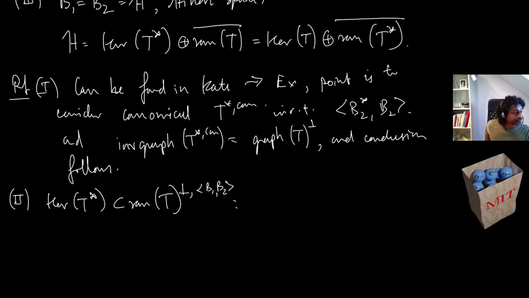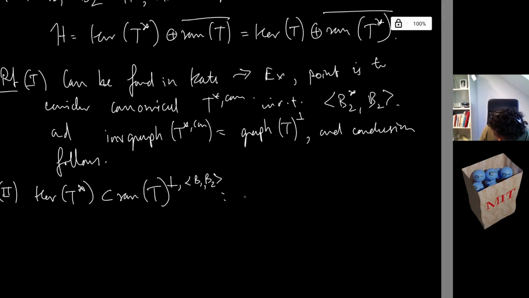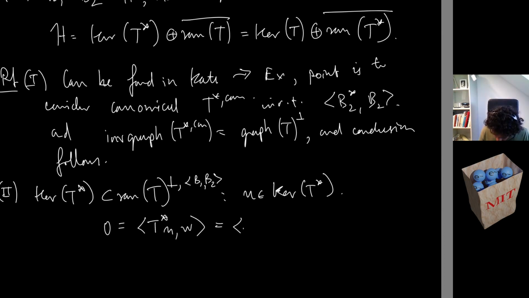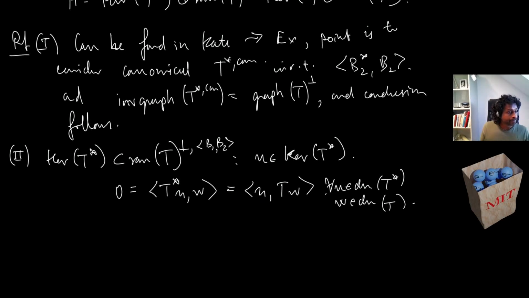Well, if U is in the kernel of T star, then we have 0 equals T star UW, and this is equal to U TW, and this is for all U in DOM T star and all W in DOM T. So that tells us that if we annihilate the range of T, then elements of the kernel of T star will be in the annihilator of the range of T, okay?